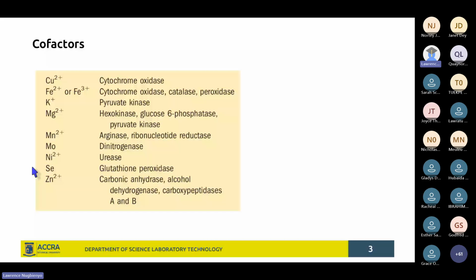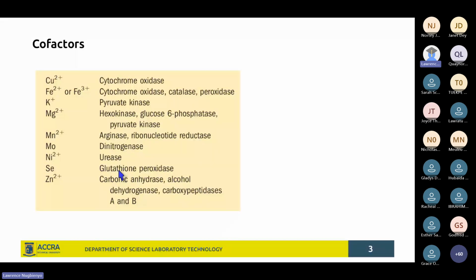Molybdenum, dinitrogenase; nickel ion being a cofactor to urease. We did see urease, an enzyme involved in the hydrolysis of urea. Selenium, glutathione peroxidase.